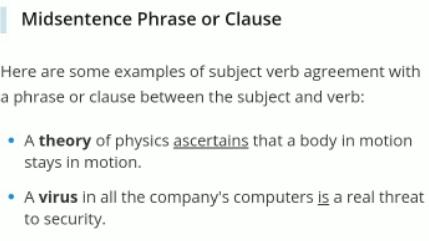It's like the second example: a virus in all the company's computers is a real threat to security. You can just say a virus is a real threat to security, but there's a mid-sentence phrase, in all the company's computers.